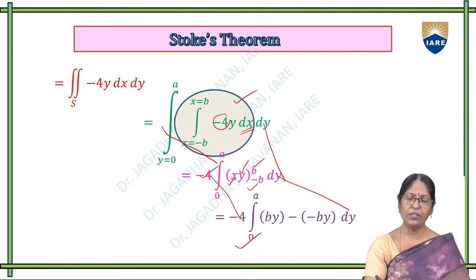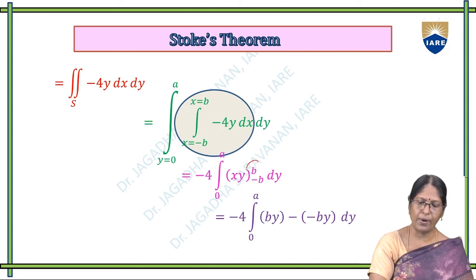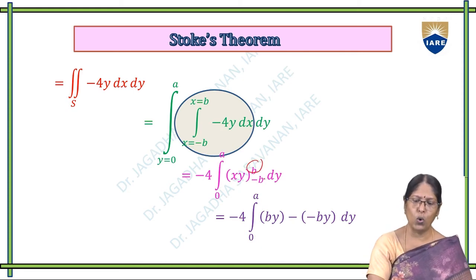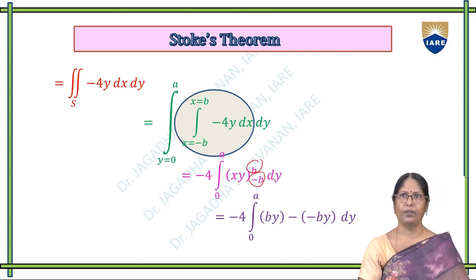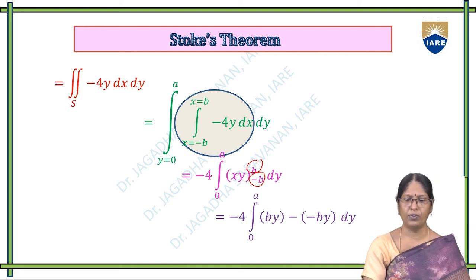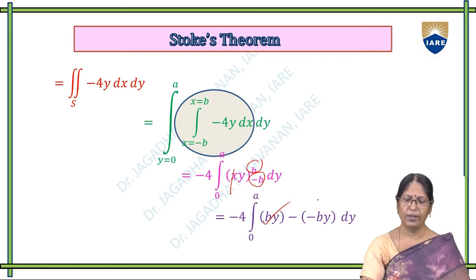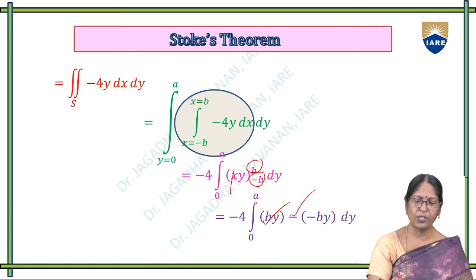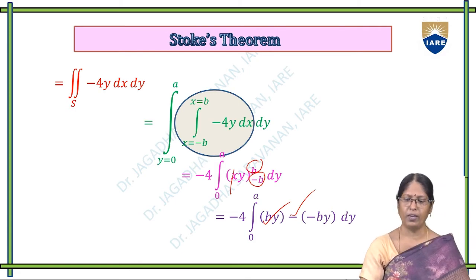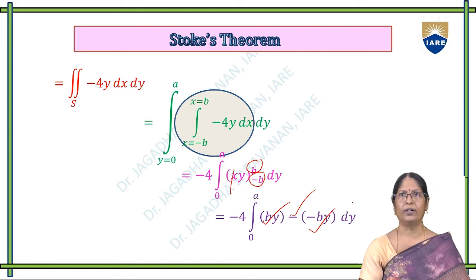Now, the limits we have to substitute. Upper limit is b, the lower limit is minus b, in the place of x we have to substitute. We substituted, we got by, and in the x place we substitute minus b, so minus by dy.